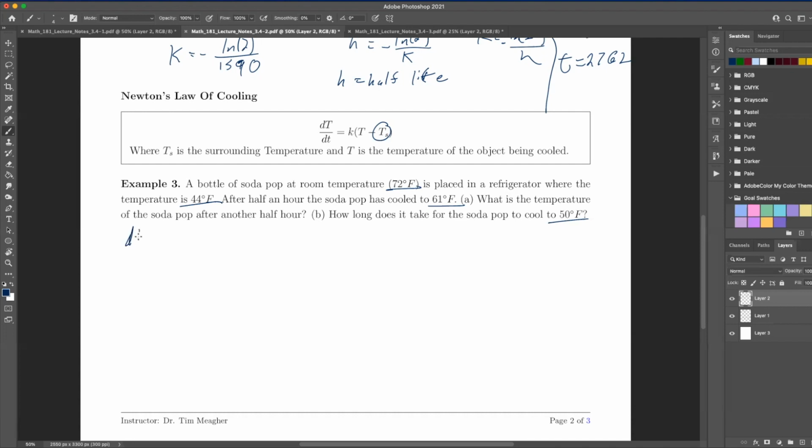Here we're going to have dT/dt equal to some k(T minus Ts), and they're going to say the surrounding temperature in this case is 44 degrees. So here they're going to write this is equal to k(T minus Ts), or 44.